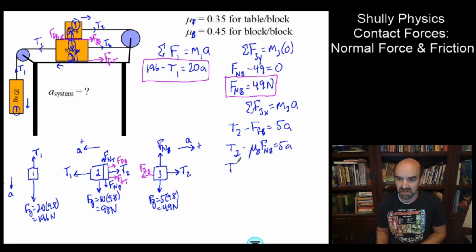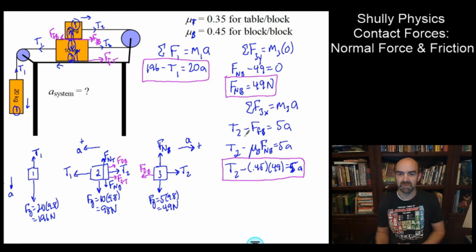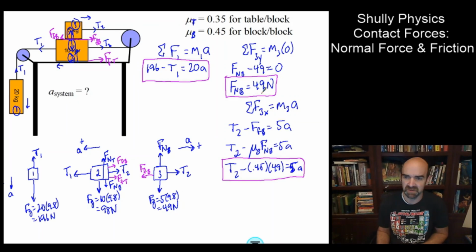And here we can see that we're going to have a number out of this. Mu B is 0.45, and FNB is 49. Plug that in. Okay, so we have another expression. Let the equations do all the work for you. There we go. So we got T1 in terms of A, we've got T2 in terms of A, and we also have the FNB if that ever needs to come up again.